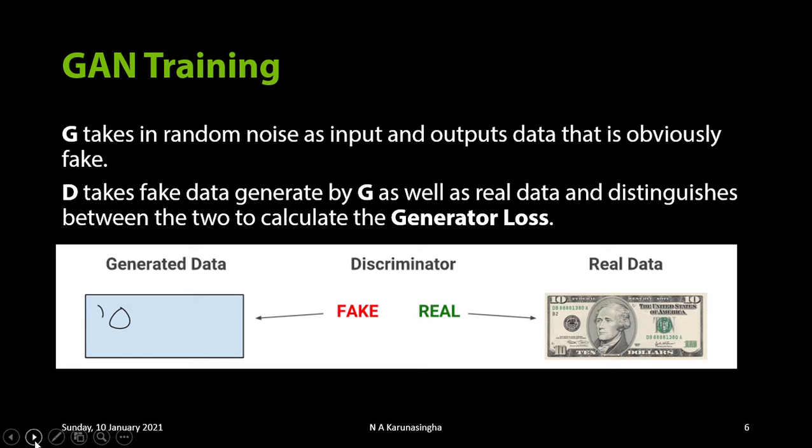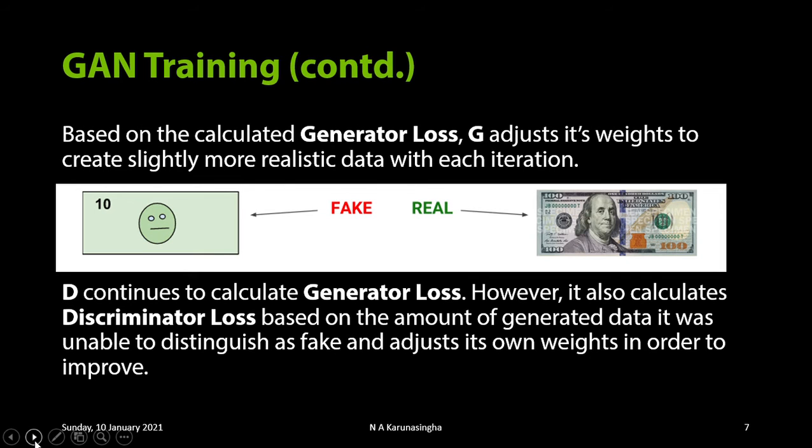This is important in the next step. The next step, so we know the generator loss. This generator loss is back propagated to the generator once again from the discriminator, and the generator uses this generator loss to adjust its weights, so that it can create more accurate data. So with each iteration, in each cycle this happens, the generator starts creating more and more realistic data, which is harder and harder to distinguish between real and fake data.